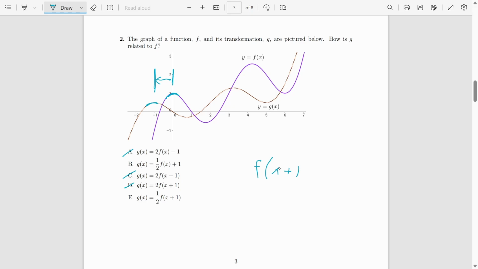Usually you'd think that when you do a plus, something positive, it always goes to the right or up. But since we're on the inside of the function, you switch those operations around. So it ends up being a plus instead of a minus since we're going left. So it should end up being on the inside f of x plus 1. And that's what this one looks like.